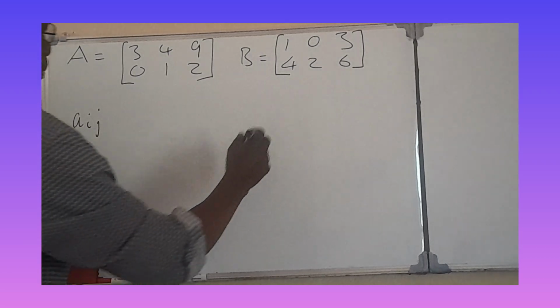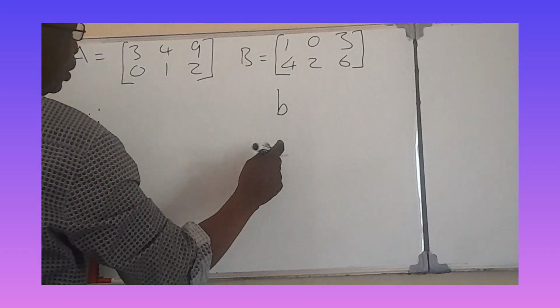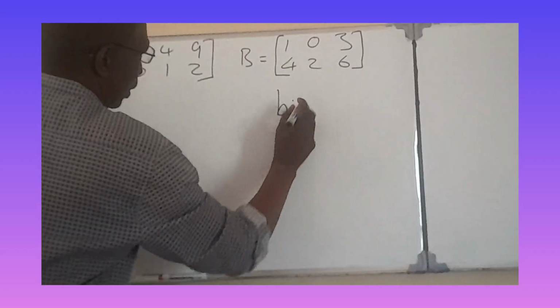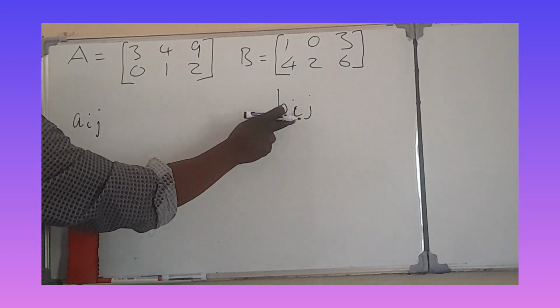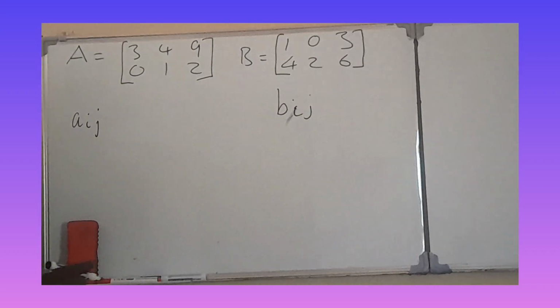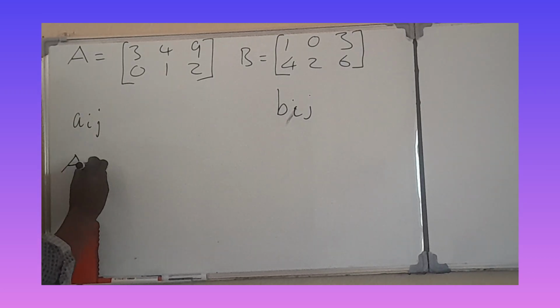Similarly, an element in B in row i and column j would be Bij.